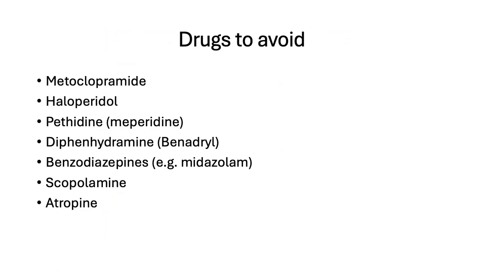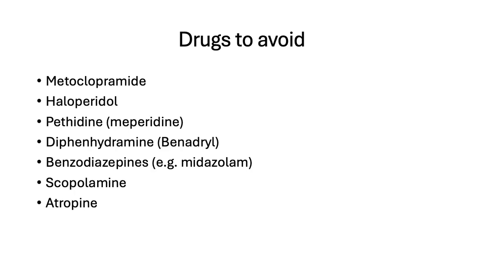So drugs like metoclopramide, which is an anti-emetic drug, because it has an effect on the dopamine receptors, it's undesirable in the elderly. Similar to haloperidol, an antipsychotic drug also acting on the dopamine receptors.